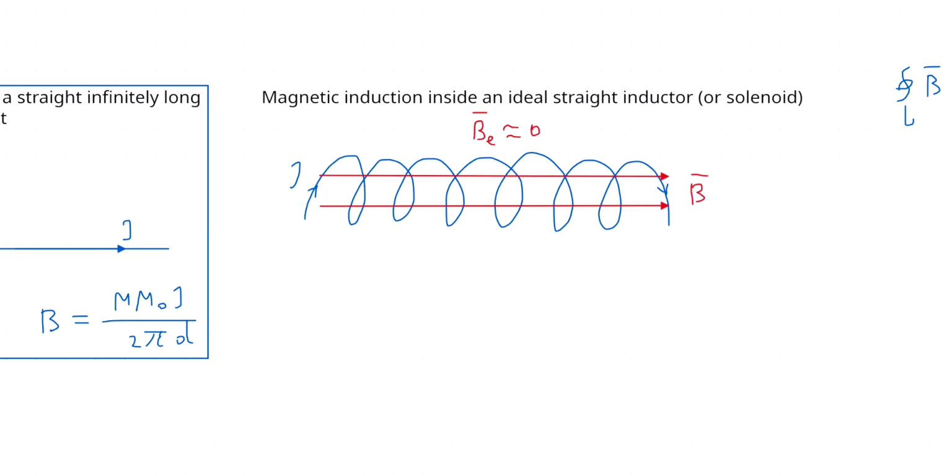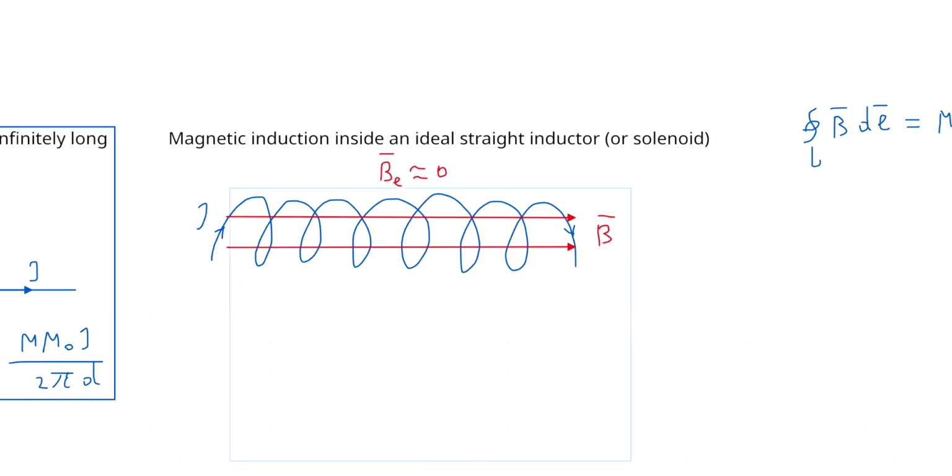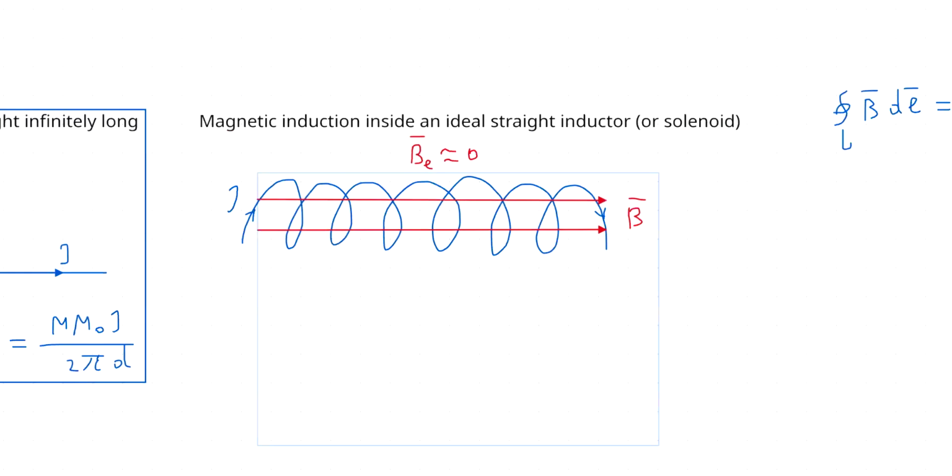How to use this in this situation? The best choice of closed circuit will be a rectangle, because I have said before that there are two types of exercises that can be solved with Ampere's circuital law.